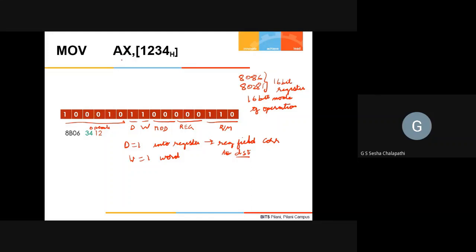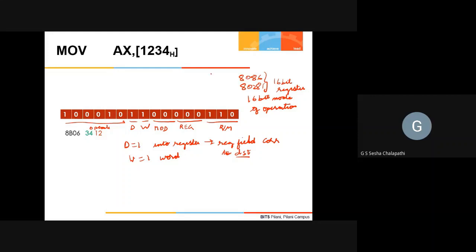That means I am not doing any violation in terms of the registers, because in 16-bit mode of operation, I expect the processor to use only 16-bit or 8-bit registers.